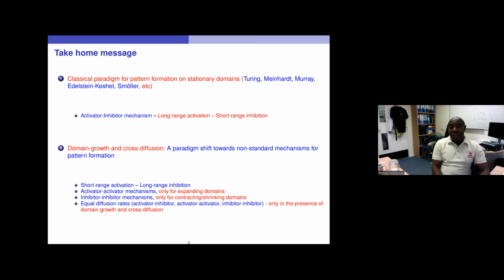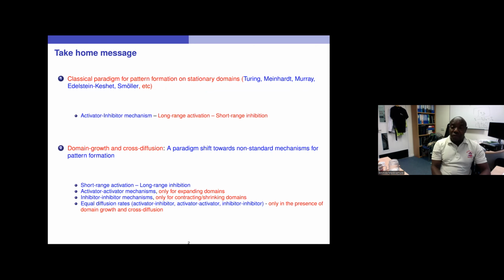So the take-home message at the end of this talk is this. Given the classical theory for pattern formation, it's well known in the literature that you need an activator-inhibitor mechanism. That's what you need: long-range activation, short-range inhibition, where the diffusion of the activator is much, much larger than that of the inhibitor.